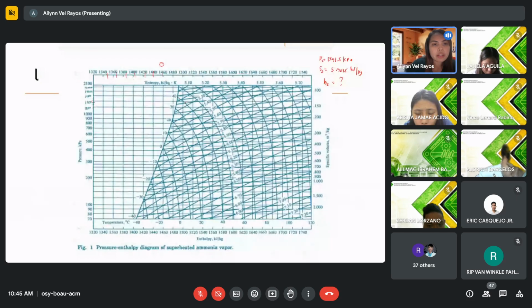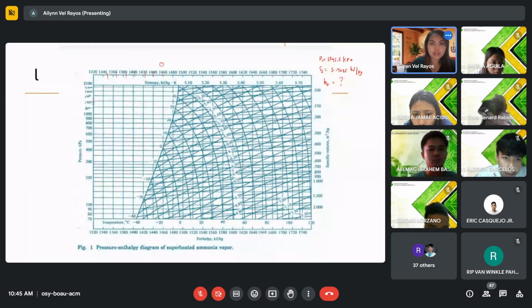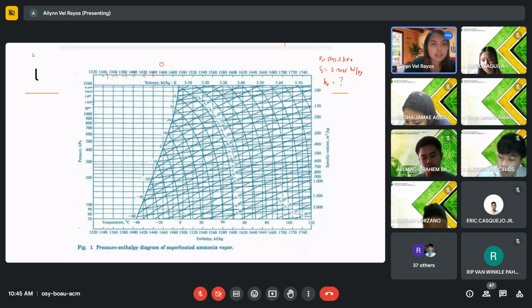Ibig sabihin, itong line na to, yan yun. So, lagyan na natin ang line. Insert. Line. Tapos, gawin natin siyang orange doon.